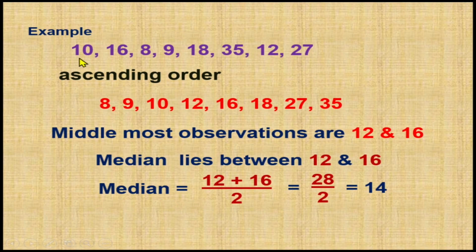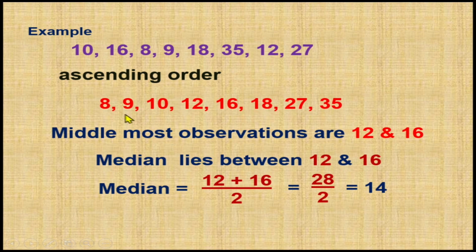Here I have an example, I have to find the median of this one: 10, 16, 8, 9, 18, 35, 12, 27. Let me first arrange them in ascending order: 8, 9, 10, 12, 16, 18, 27, 35.